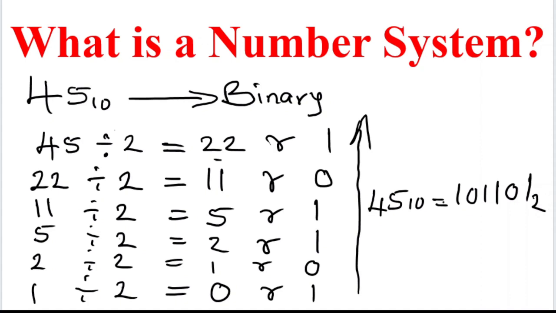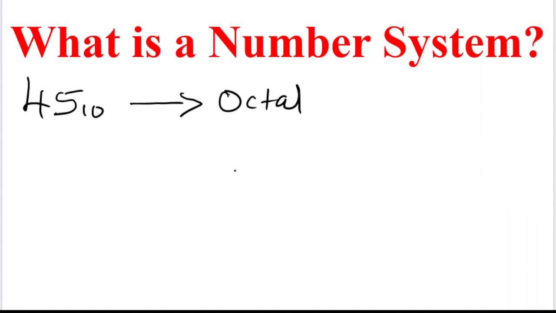So the value of 45 in binary is 101101, okay? Let's take another example.